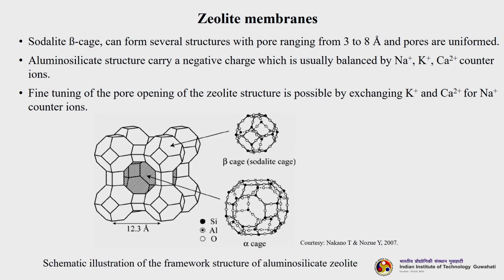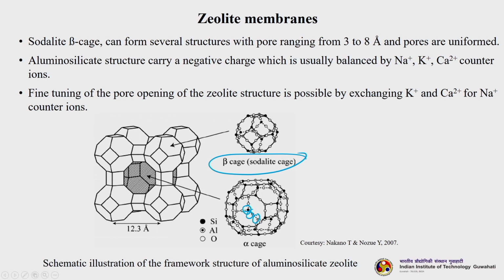So, the sodalite beta cage can form several structures with pores ranging from 3 angstrom to 8 angstrom, and the pores are uniform. You can see this is a particular beta cage, the sodalite cage. This is silicon, then this is aluminum and this is oxygen.